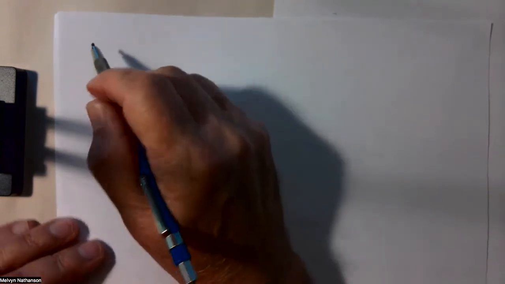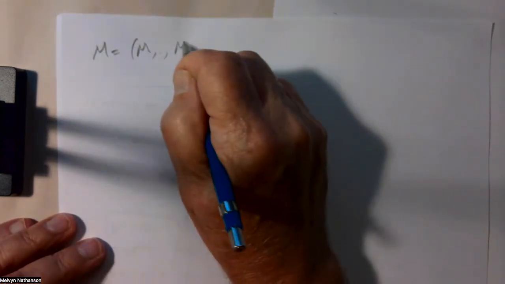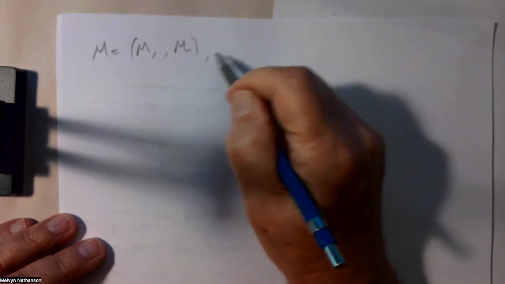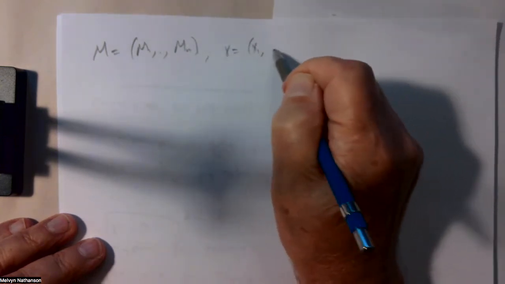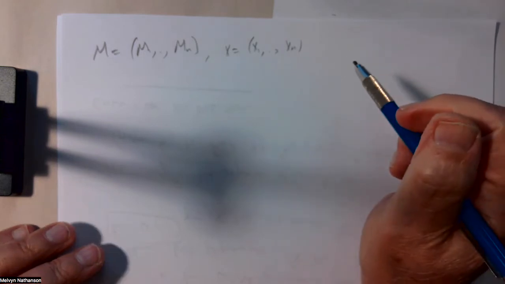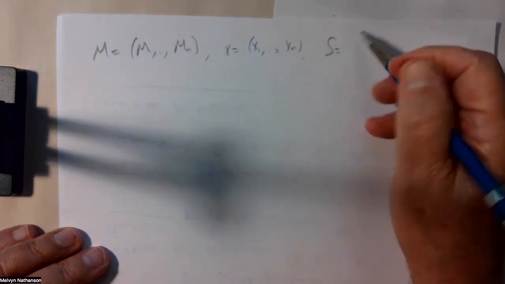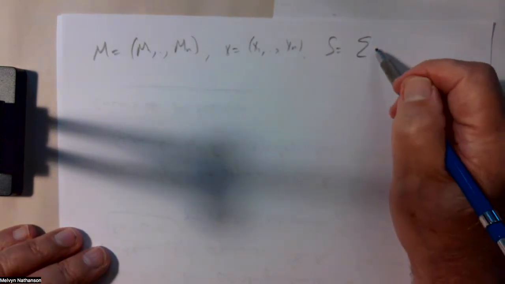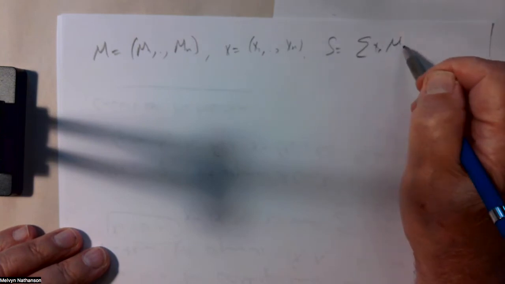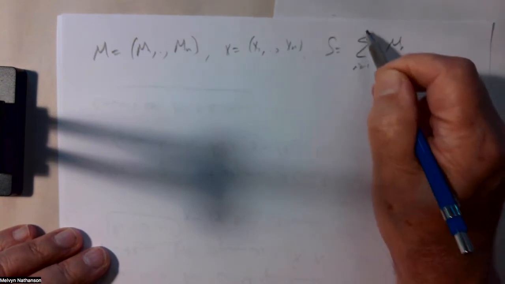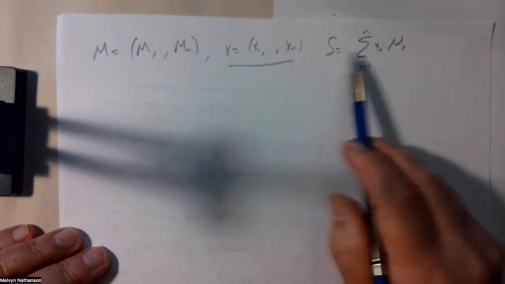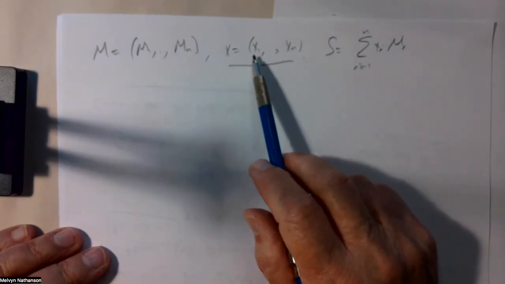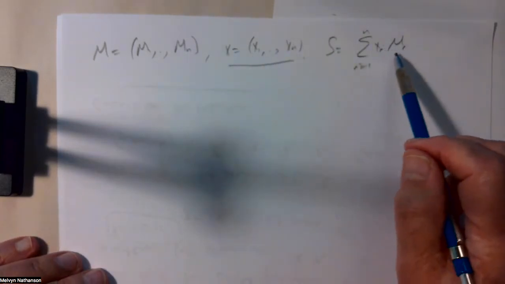So again, recall we have M is a sequence of n integers, and X is a bit sequence of length n, and S is the summation of xi mi, i goes from 1 up to n. This is the bit sequence of zeros and ones that tells you what to calculate.